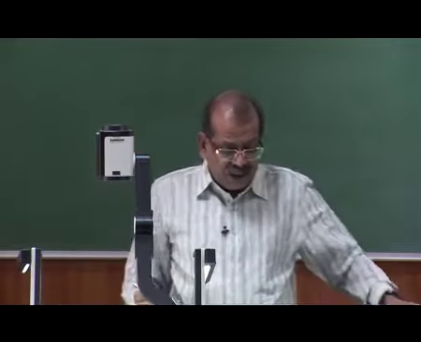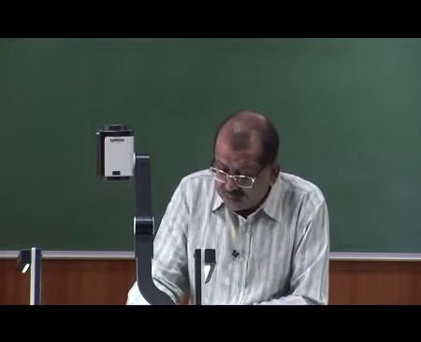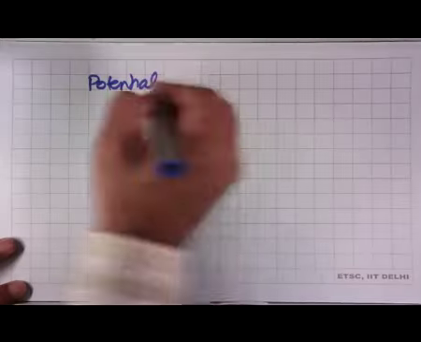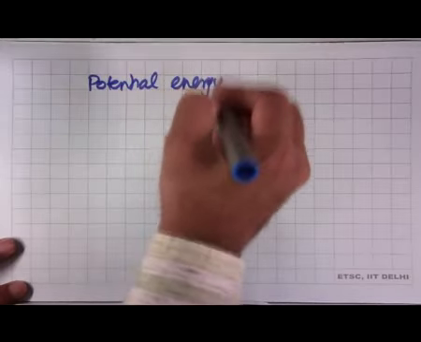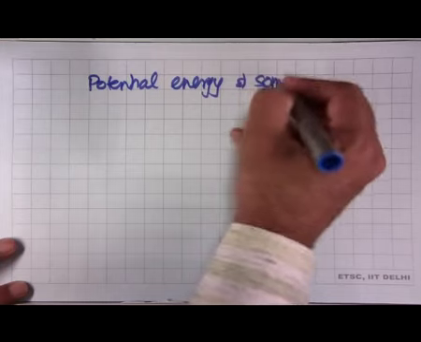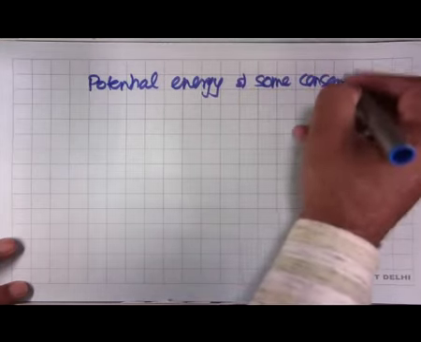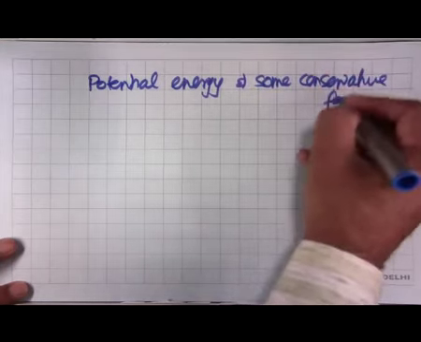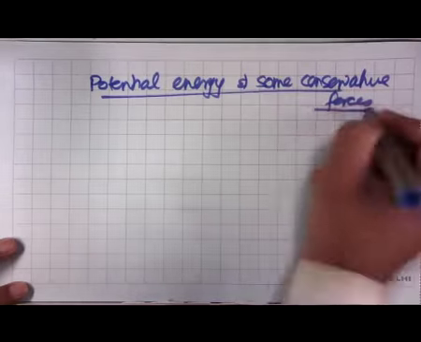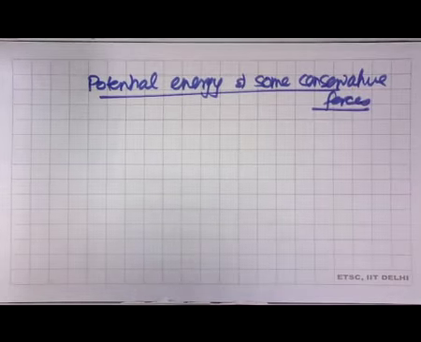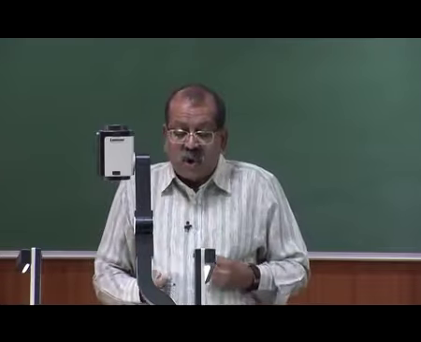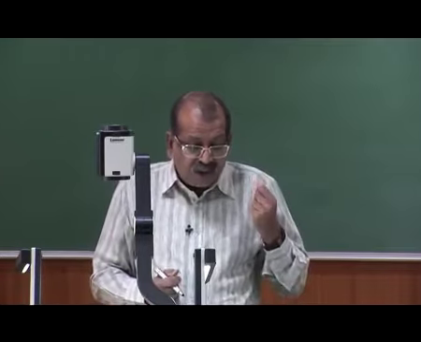Now let us look at the potential energy and some conservative forces. These are the typical conservative forces which will come in our problems when we solve, which are common to day-to-day life.